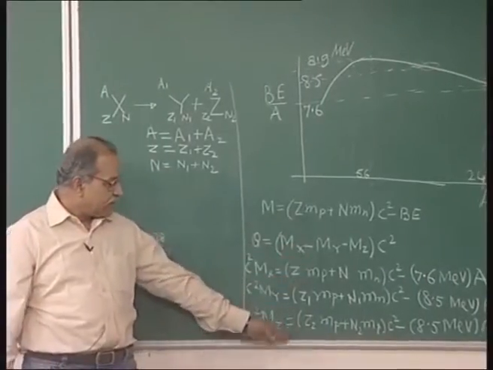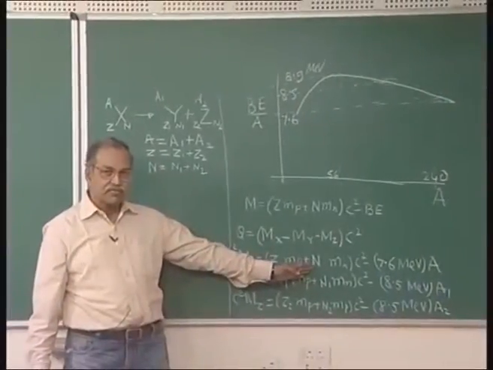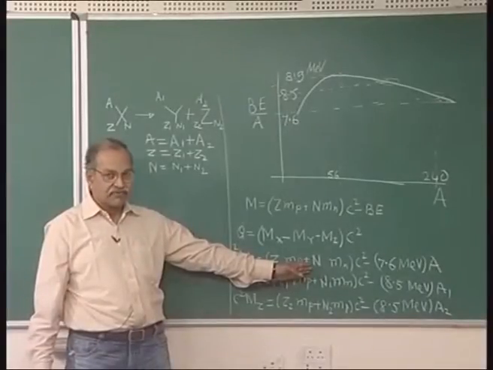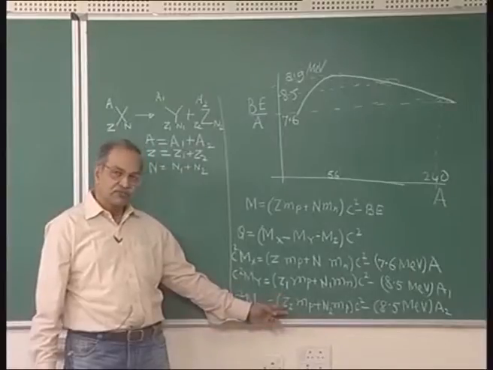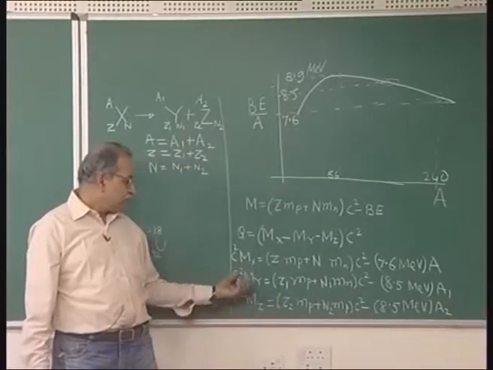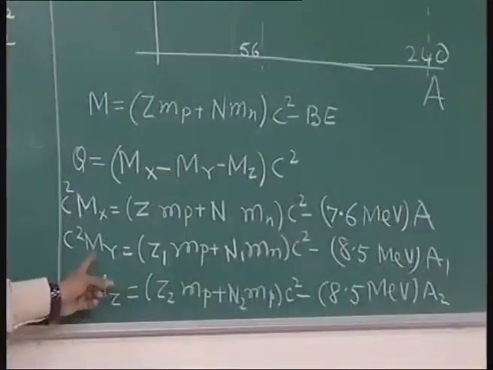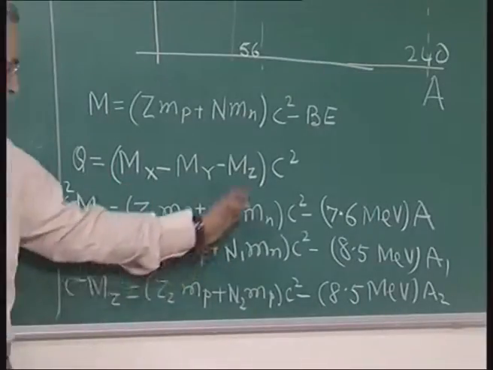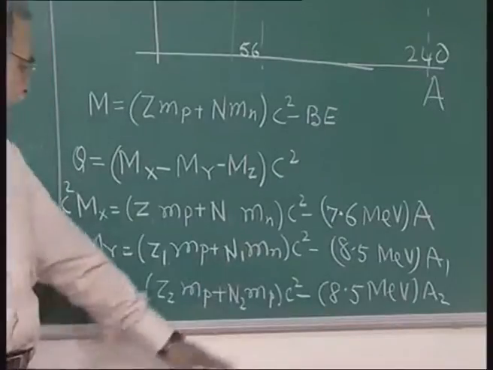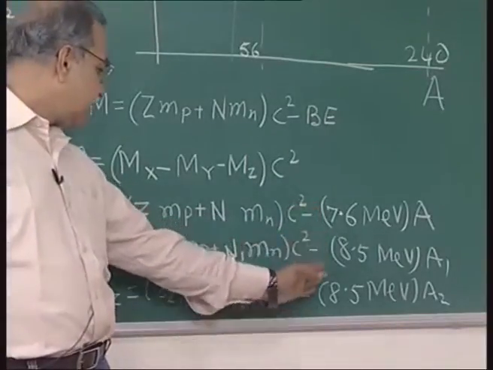So, when you subtract this proton mass part and neutron mass part, that will cancel out, because Z is equal to Z1 plus Z2. So, when you subtract My c square and Mz c square from Mx c square, this part will all cancel out, and then you will have this one minus this one.